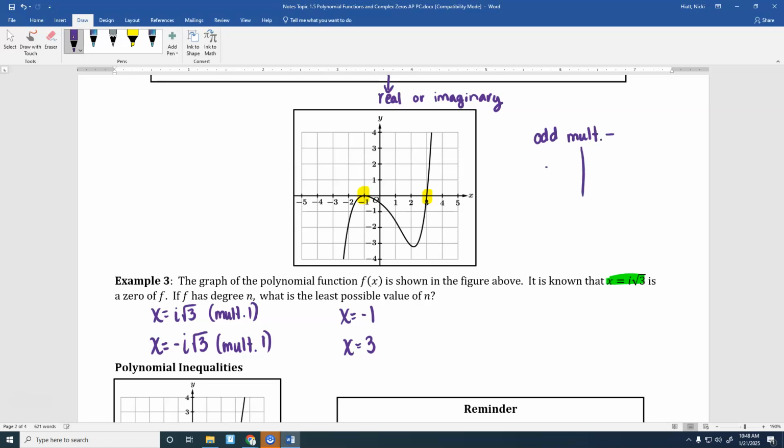remember that the graph crosses the x-axis.